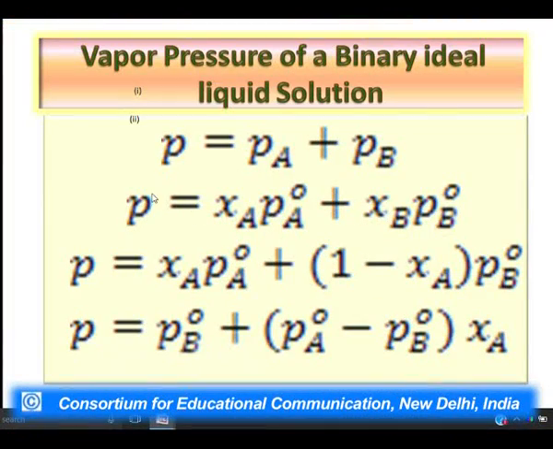So we can substitute the two values, and what we get is P equal to XA PA naught plus XB PB naught.